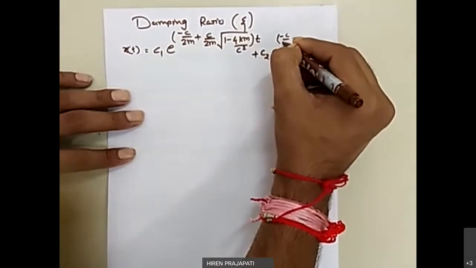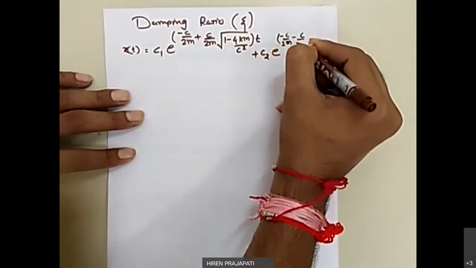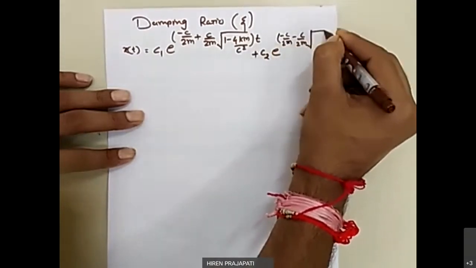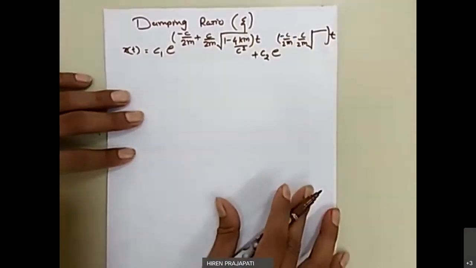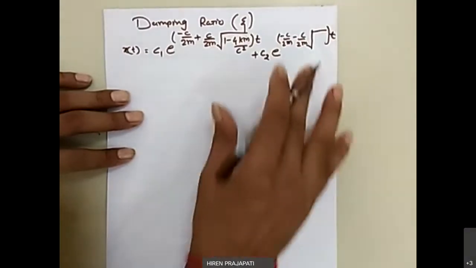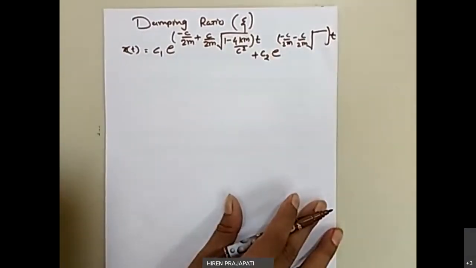So minus c by 2m minus c by 2m, and then entire square root which is written here into t, right? So this is what the value.